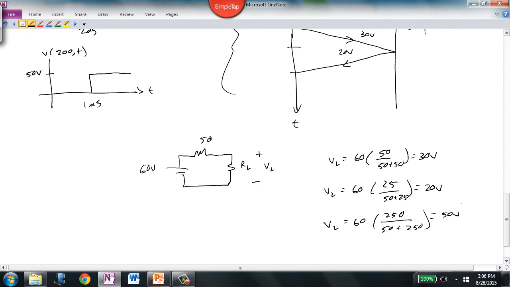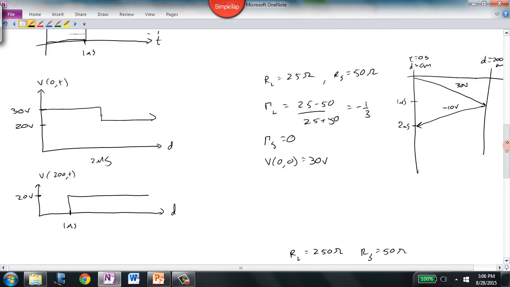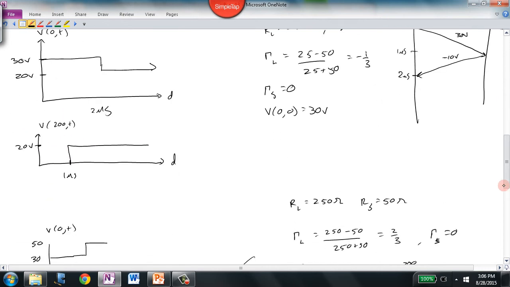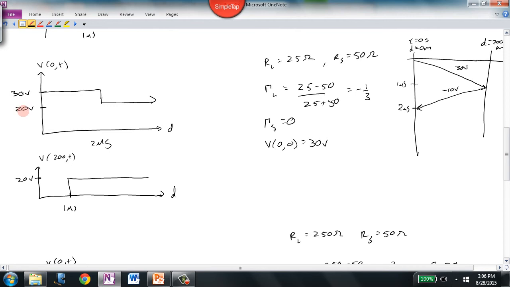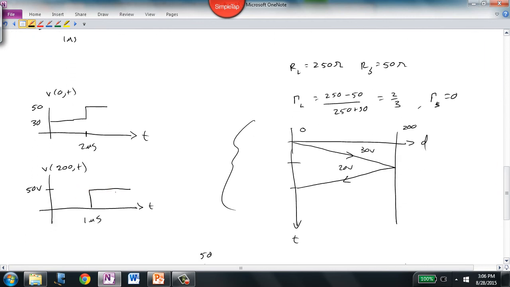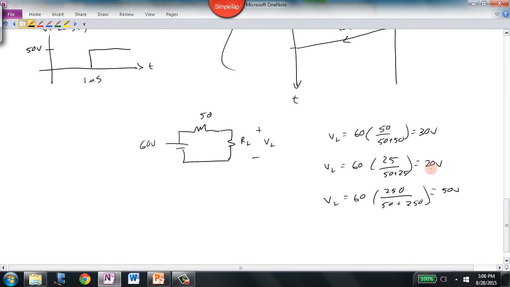So if we ignore electromagnetic analysis, these are the voltages we would have gotten at the load for those conditions. And if we look up at our plots, we see that our plot for the load steady state is 30 volts, 20 volts, and 50 volts.